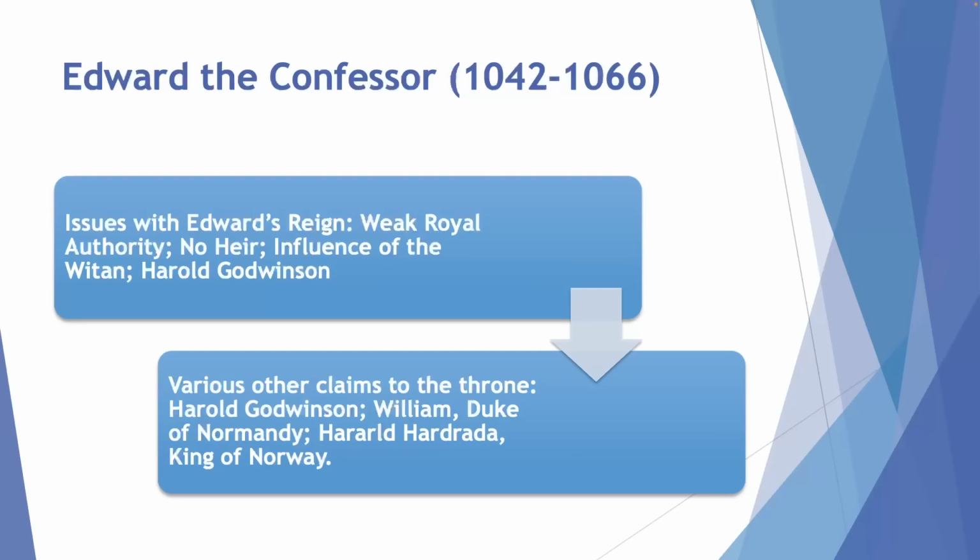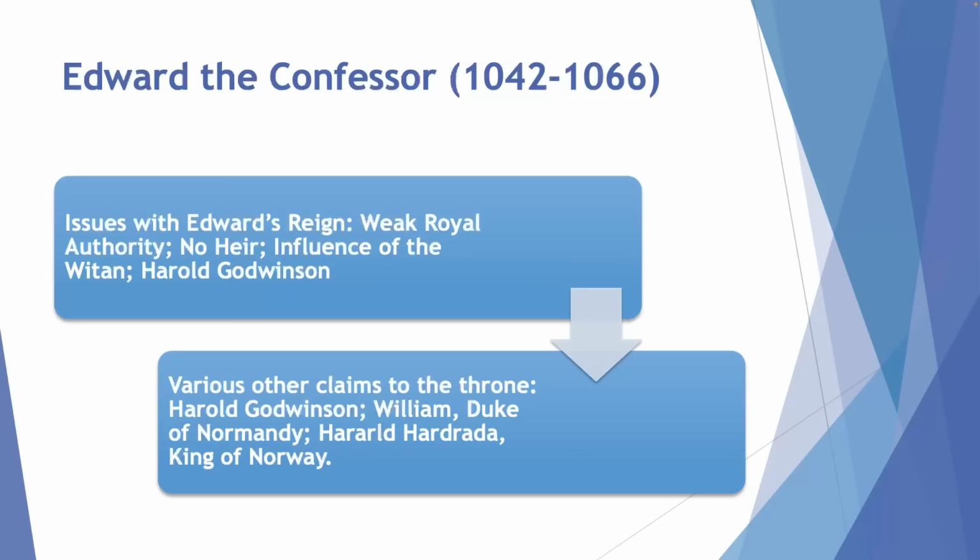So firstly, of course, Harold Godwinson was the newly crowned king and was the most immediate claimant to the throne. He was the most powerful noble of England, being the Earl of Wessex, and he had significant support from the Witan and from the rest of the Anglo-Saxon nobility. Often in a number of these different parts of the world and periods of time, it was basically who was in control of the most powerful people who would have the best claim to the throne.